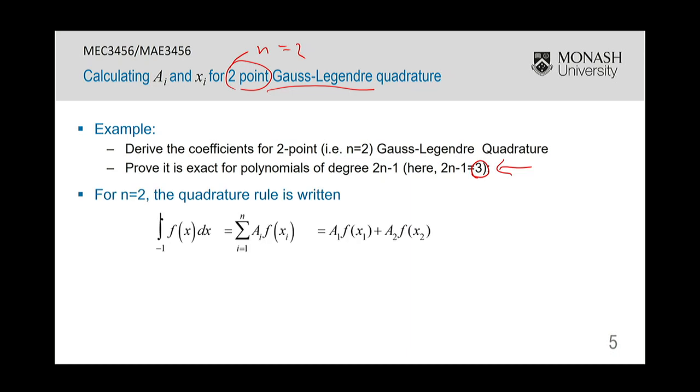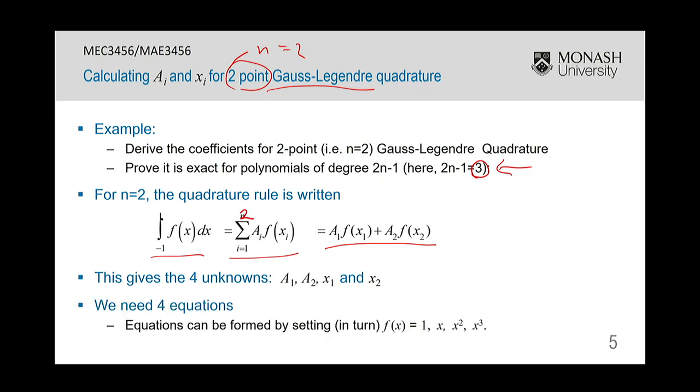So, for n equal to 2, our quadrature rule says that this integral is exactly equal to the sum from i equals 1 to 2 of a_i times f of x_i, which is just equal to a1 times f of x1 plus a2 times f of x2. And so a1, a2, x1, x2 are unknown. We don't know what those values are. That's what we're trying to find.